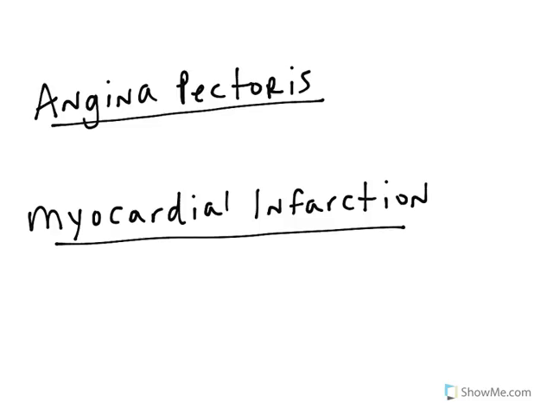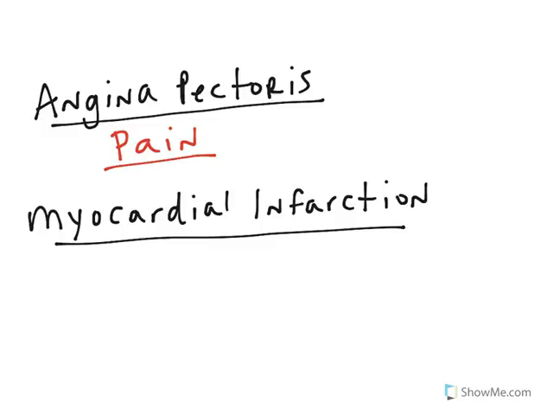So important imbalances of the heart tissue are going to be angina pectoris and myocardial infarction. So the first one, angina, is simply thoracic pain. Okay, so this is chest pain caused by deficiency of the heart tissue.